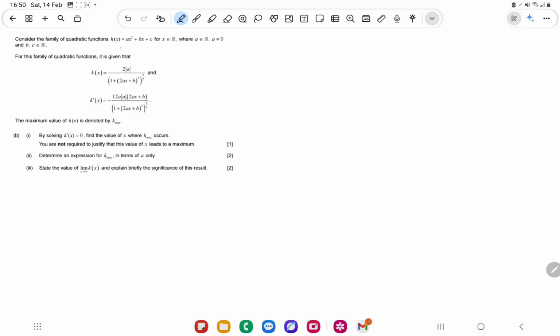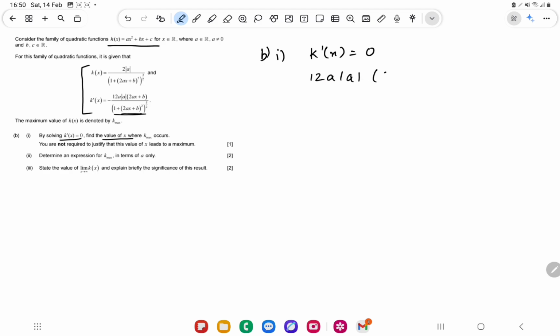Now in this part we are given the family of quadratic functions as this, and for this family it is given that k(x) and k'(x) are the two functions given to me. Now by solving k'(x) equals 0, we have to find the value of x where k max occurs. Since we are given the k'(x) function, if I put k'(x) as 0, this denominator will automatically be nonzero.